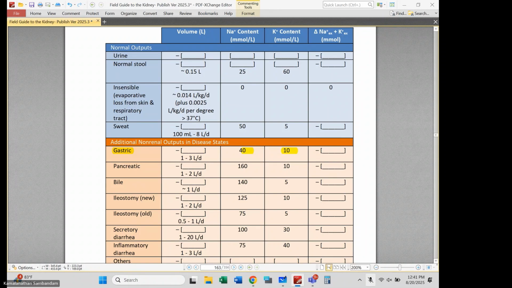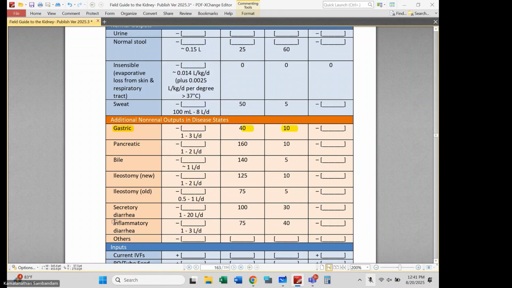You'll get hypernatremic. You should routinely put them on half normal saline. Okay. In general, these diarrheas that you're going to see, which is primarily these inflammatory diarrheas, if you add this together, this is somewhere around 120-ish. They're generally more water loss than salt. Okay.